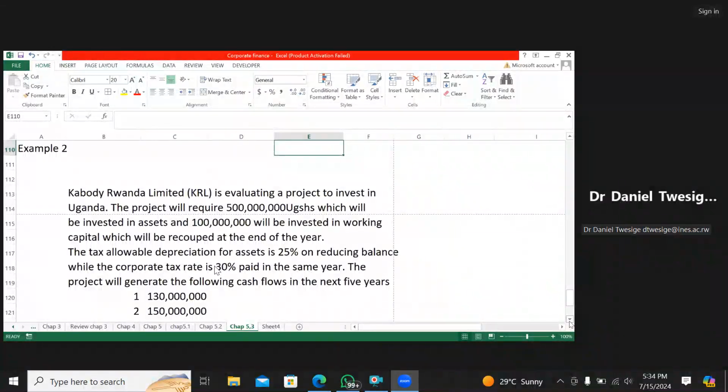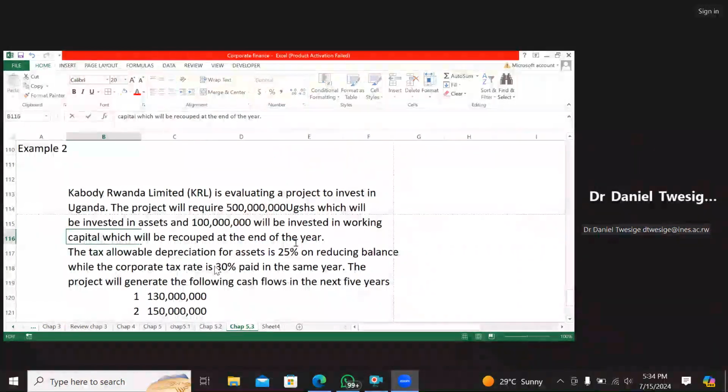The project will require 500 million Ugandan shillings, which will be invested in assets, and 100 million will be invested in working capital, which will be recouped at the end of the project, not at the end of the year.